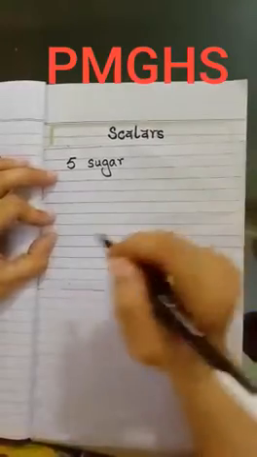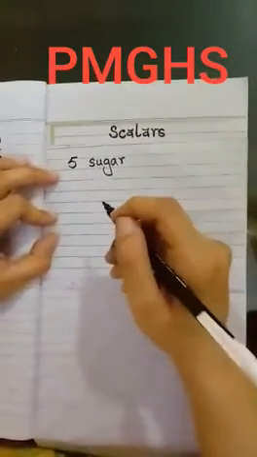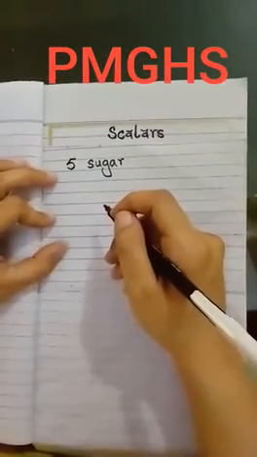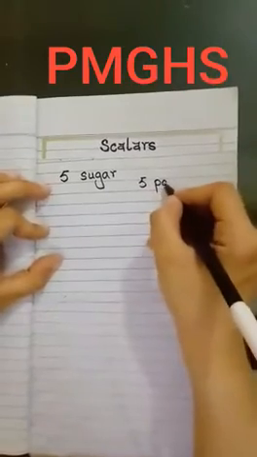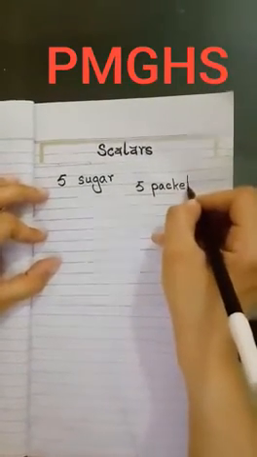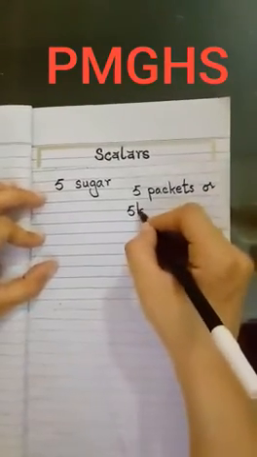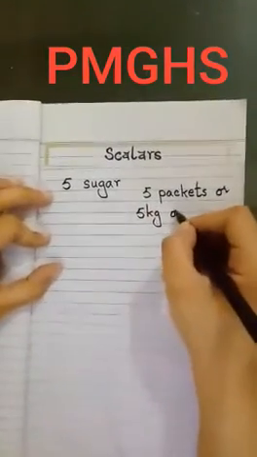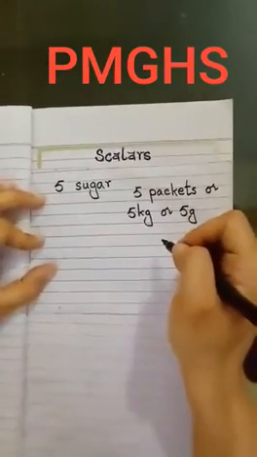He is unable to understand what you really want. He thinks that you may need either 5 packets of sugar or 5 kilogram of sugar or 5 gram of sugar.